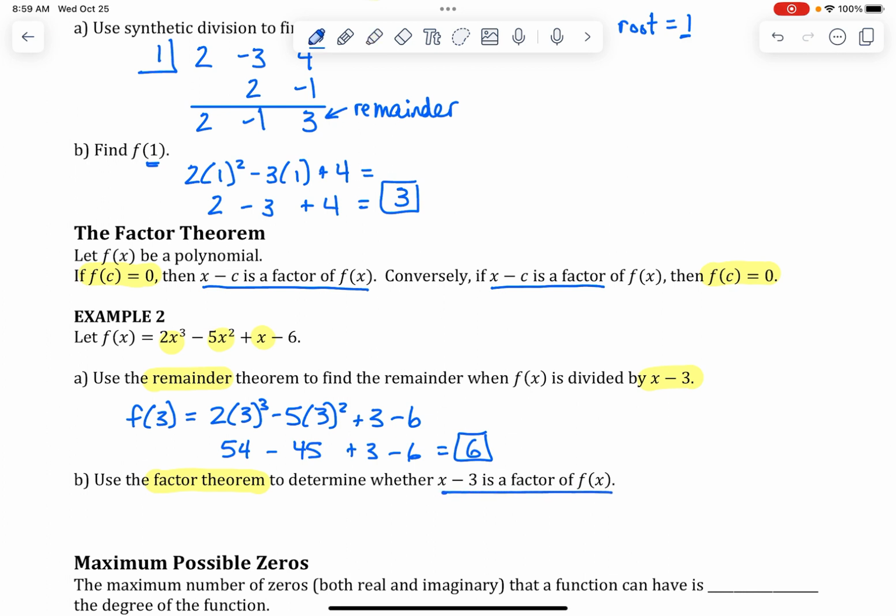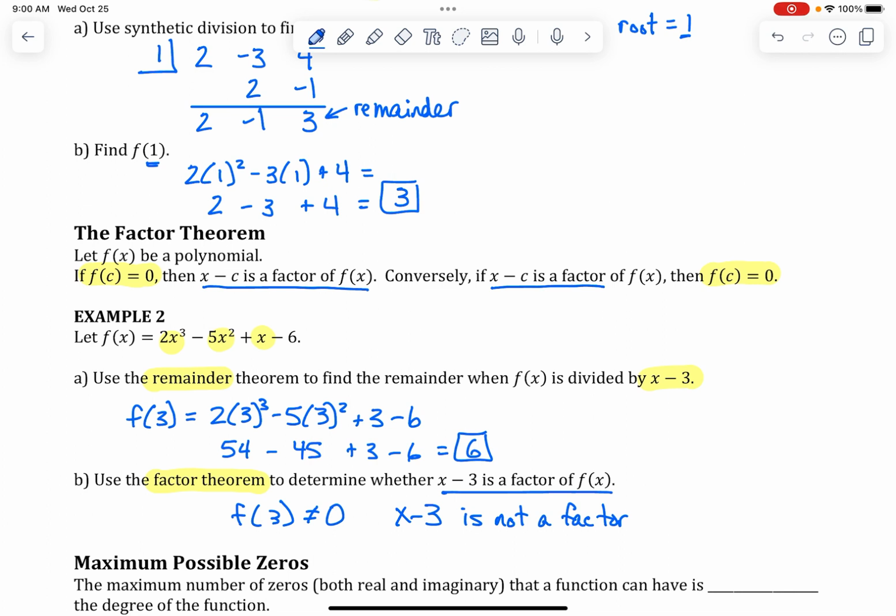Well, obviously, since f of 3 does not equal 0, therefore x minus 3 is not a factor. That's pretty straightforward. That's all it is, right? So at the end of the day, you're substituting a value for x and deciding whether it equals 0 or not, and then determining a factor.